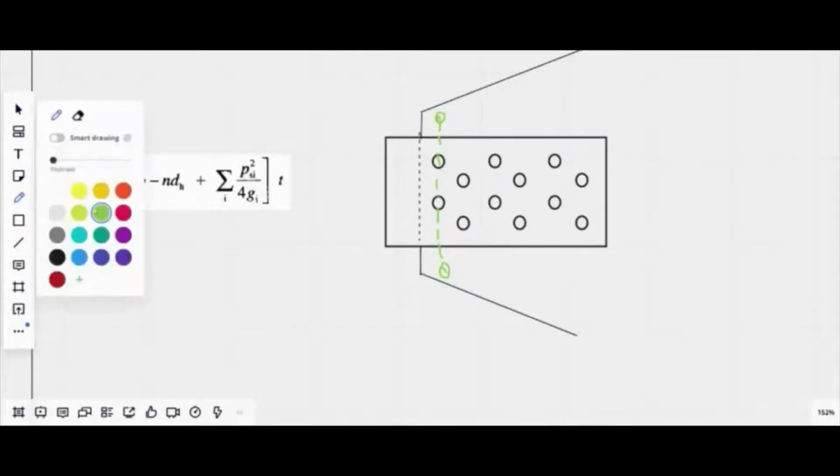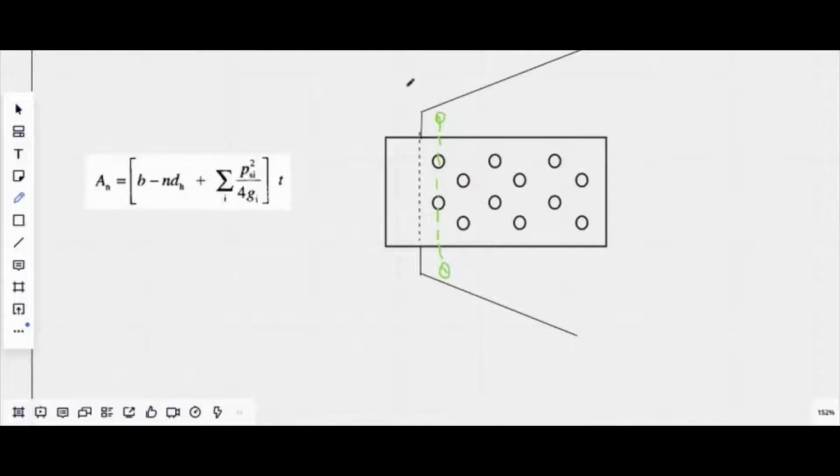It can also be seen that there are a number of ways the plate may fail. This is one section, this could be the other section, or this could be our section 3-3.